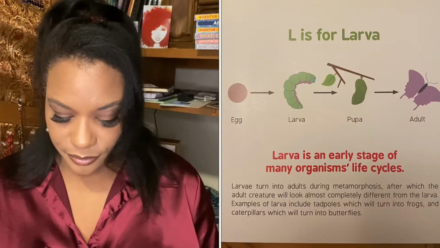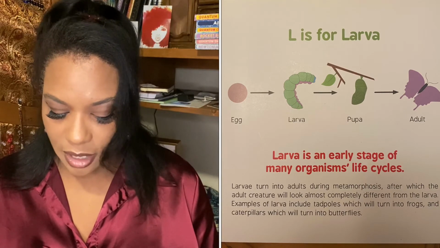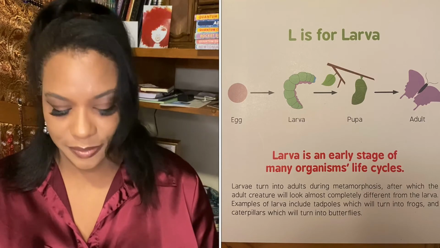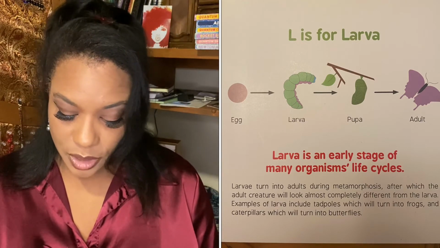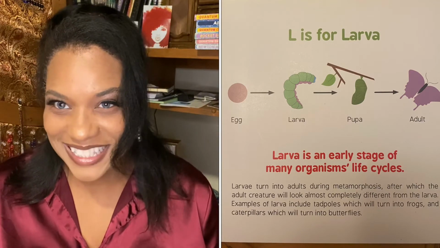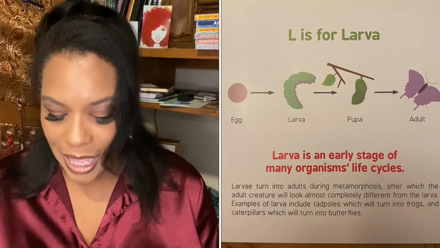L is for larva. Larva is an early stage of many organisms' life cycles. Larvae turn into adults during metamorphosis. It's another good word.